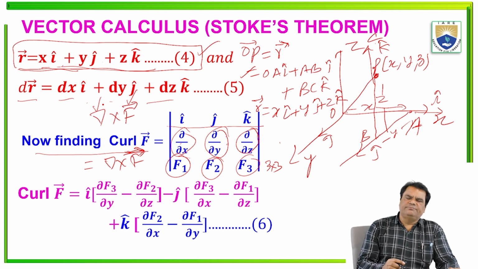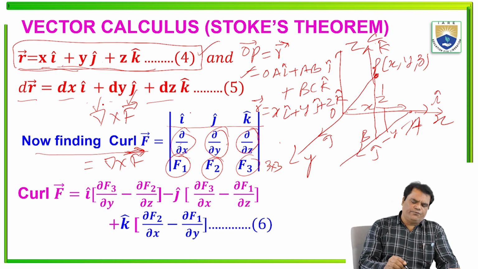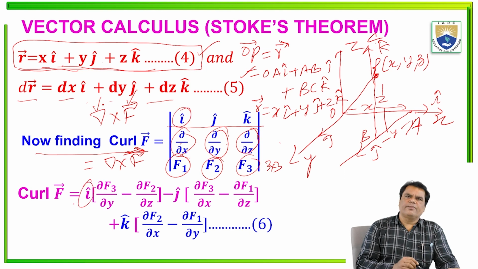After solving this determinant, first taking i here, the first row and first column cancel out and we cross multiply the remaining terms: dou over dou y of f3 minus dou over dou z of f2.